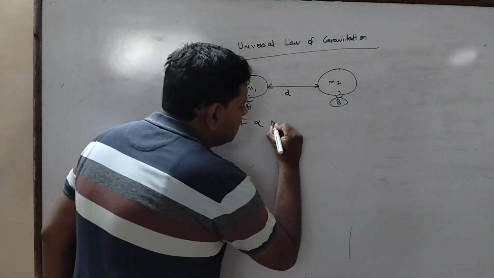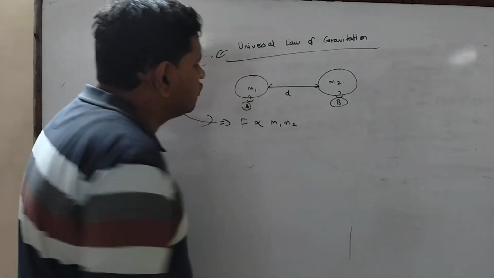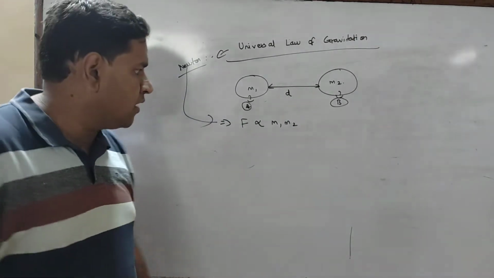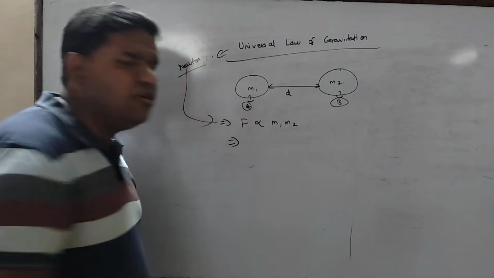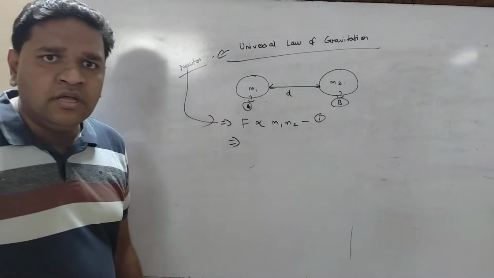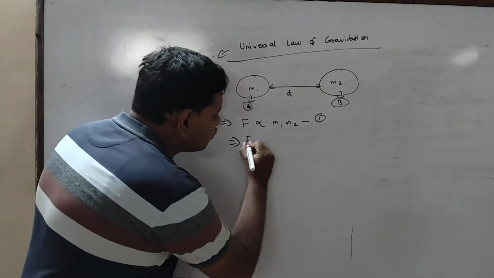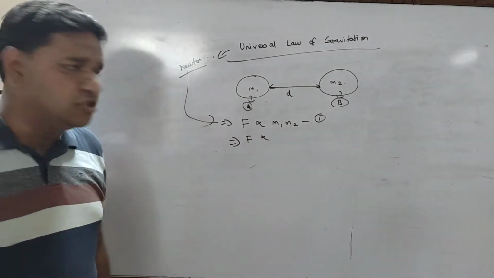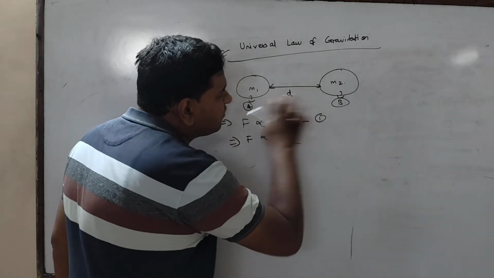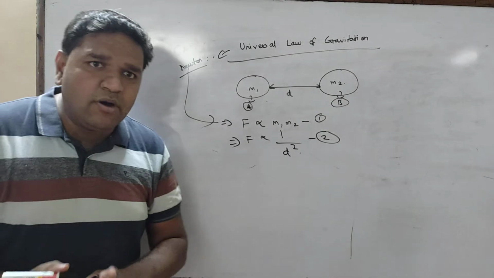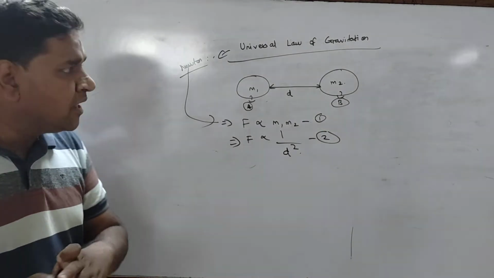So F is directly proportional to the product of the two masses, M1 and M2. Let's call this statement 1. Secondly, as per Newton, the force is inversely proportional to the square of the distance between the two objects. So, two aspects about Newton's universal law of gravitation.